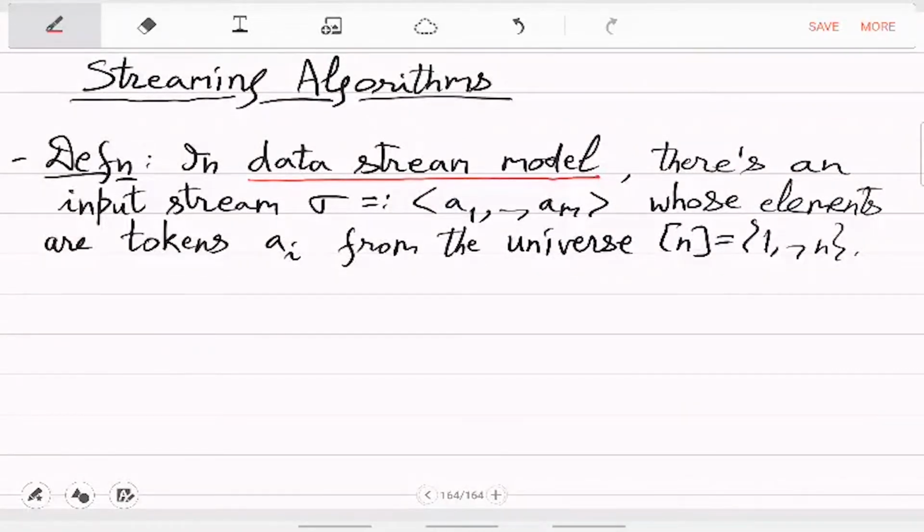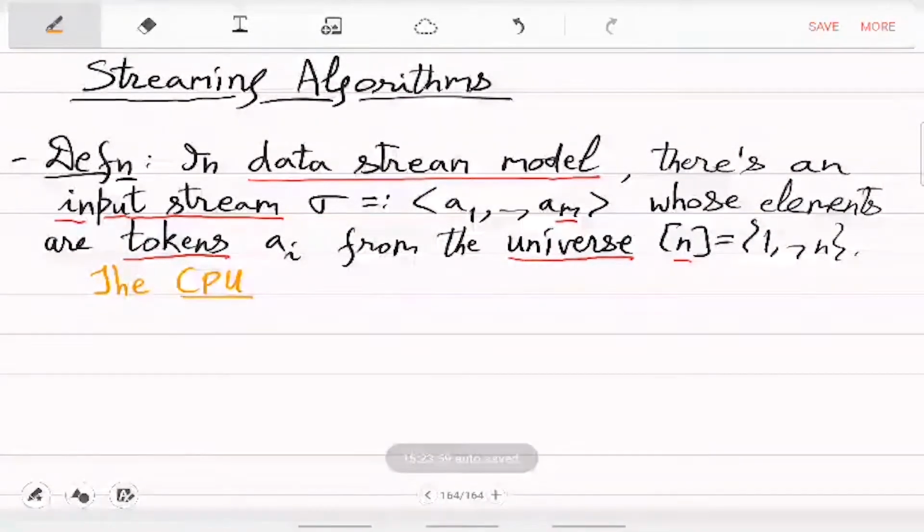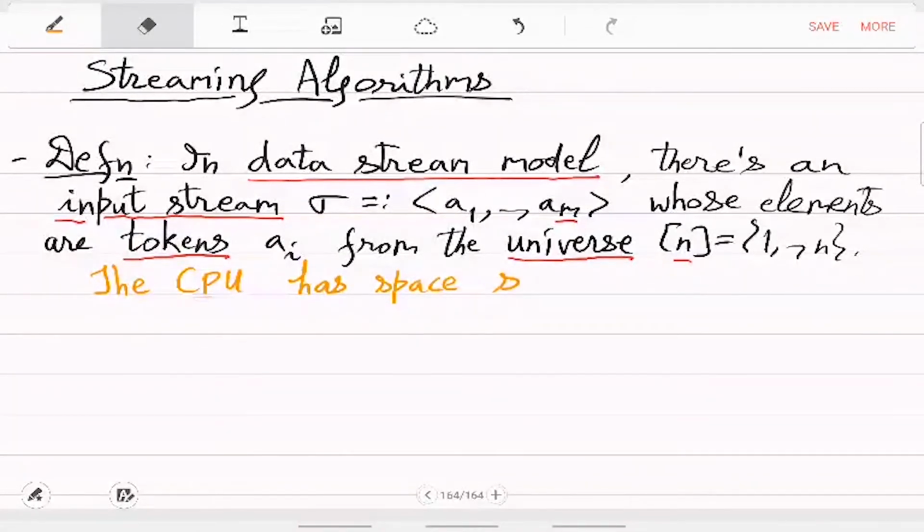So in the data stream model you have an input stream that has tokens coming from a universe. Think of m and n as very large, and the machine which is getting the stream, the CPU, has space only S, which is random access memory.